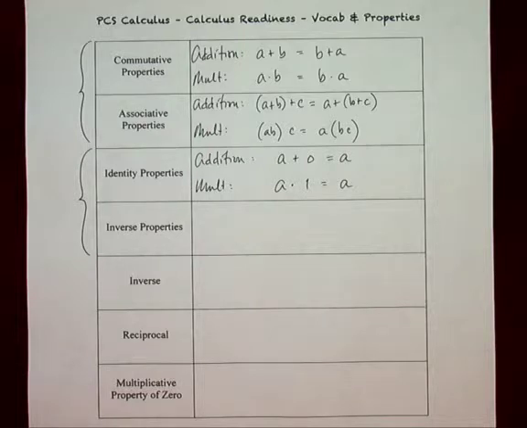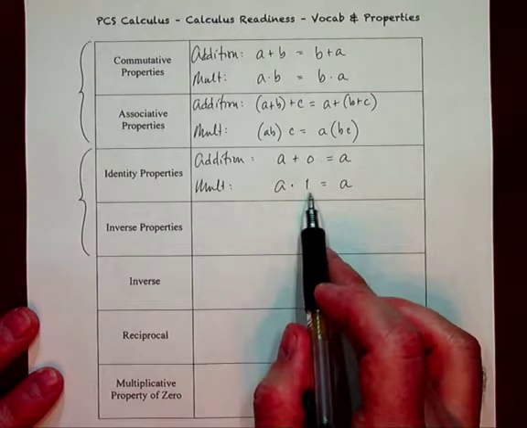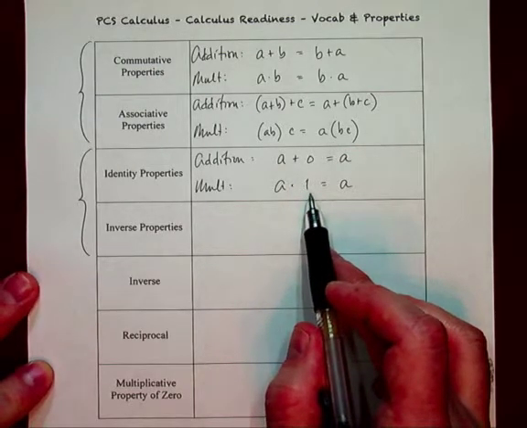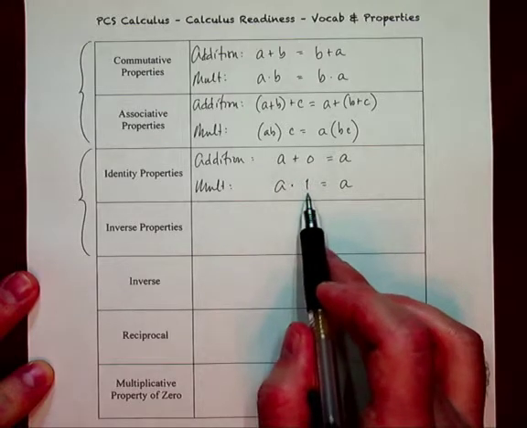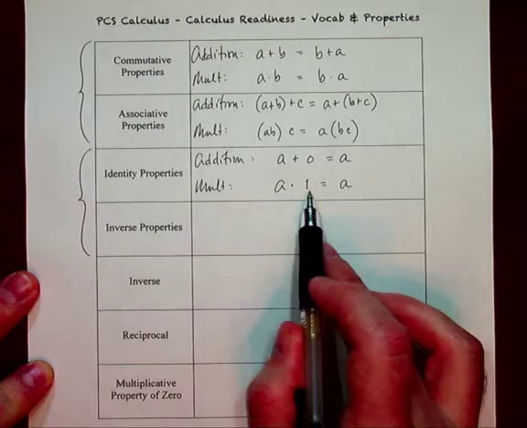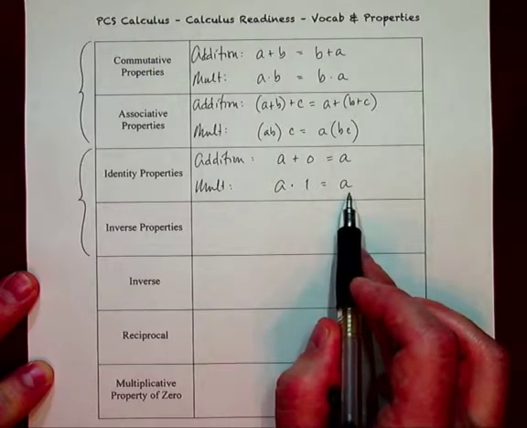Now, 0 doesn't always look like 0, and 1 doesn't always look like 1. But, like when you're multiplying something by the conjugate over itself, you are multiplying by 1. You're just multiplying by 1 in a really creative and strategic way, but it's still 1, and since it's 1, this is the property that ensures that that product will not change the value.